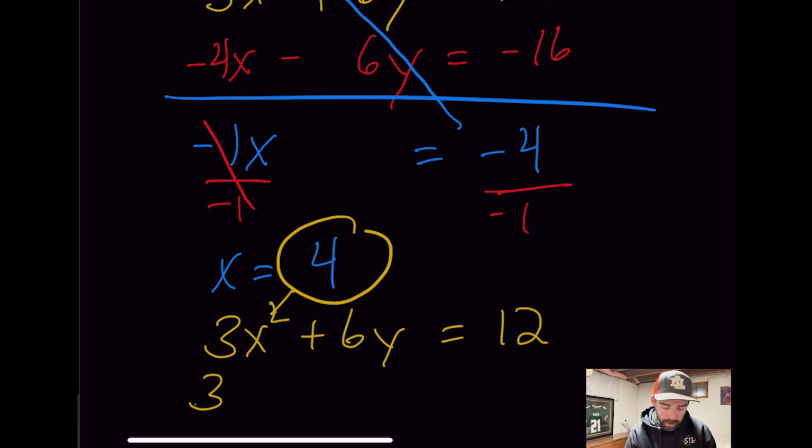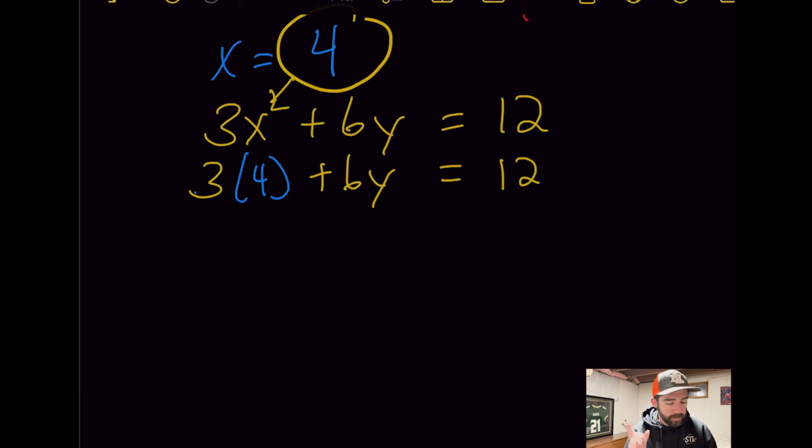It looks like this: 3 times 4 plus 6y equals 12. All right, multiply. 3 times 4 is 12, plus 6y equals 12.